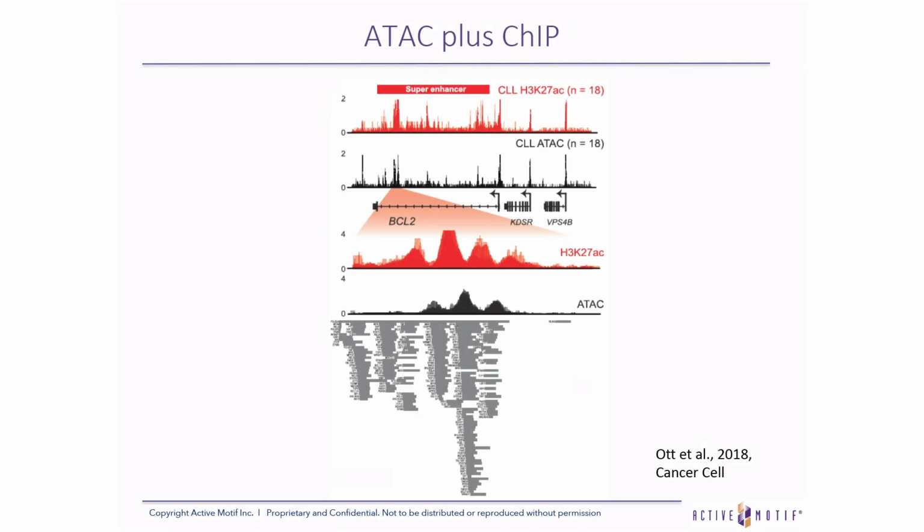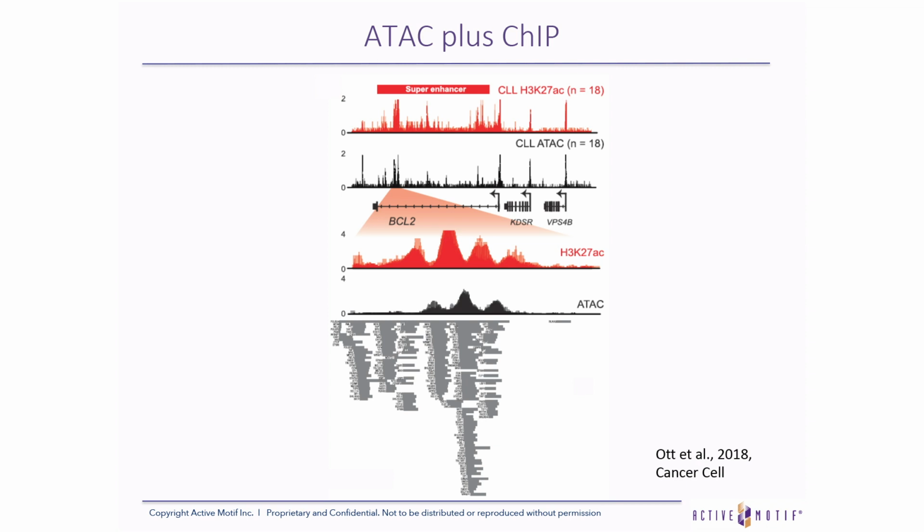So looking at one locus that this group focused on, the BCL2 locus, we can see that in the CLL patients, the superenhancer that controls that locus had a lot of histone H3K27 acetylation. And the ATAC-seq data shows that locus was also open chromatin.